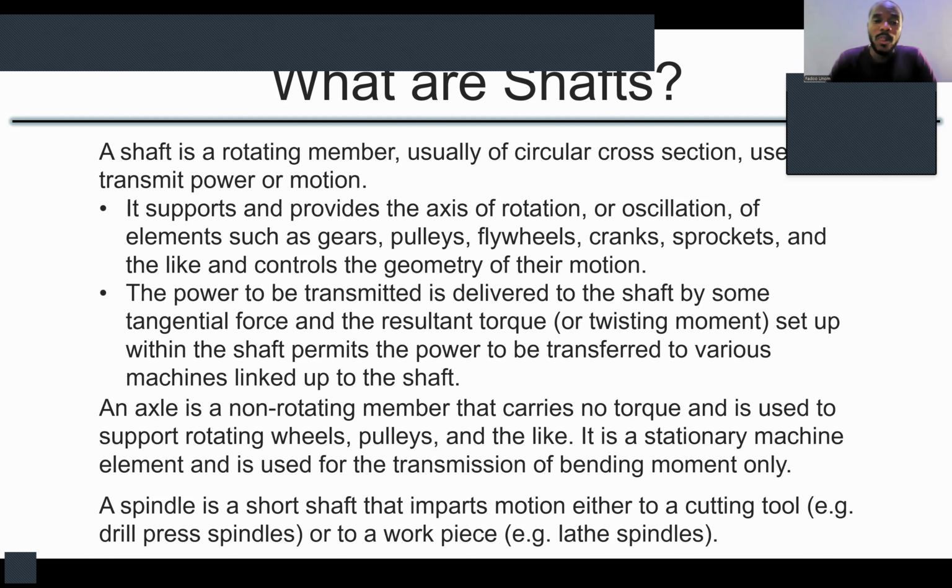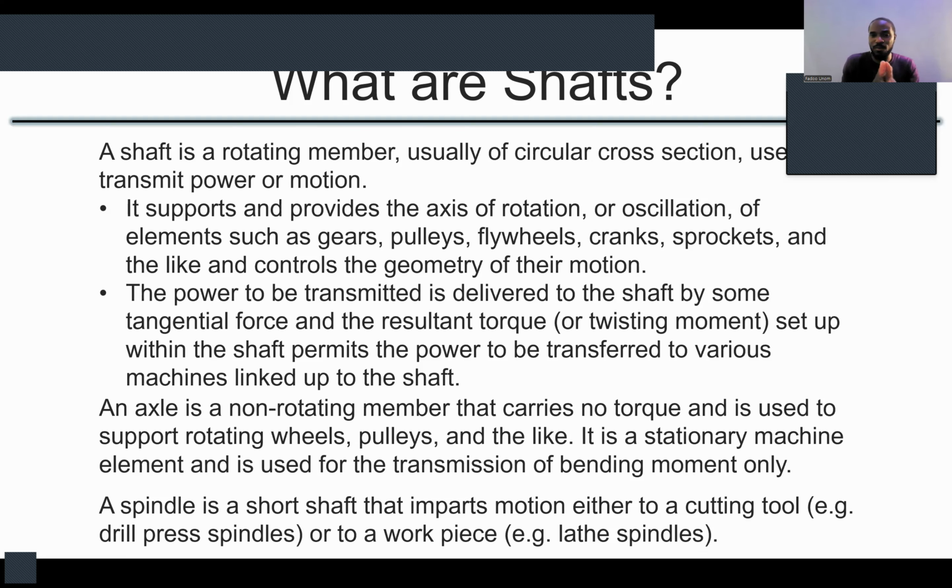So the functions of a shaft, one is that it supports whatever elements you have. So it supports the gears, it supports the bearings, and if you have pulleys, even pulley systems need shafts to support them. So it supports those elements, and it also provides the axis for rotation.